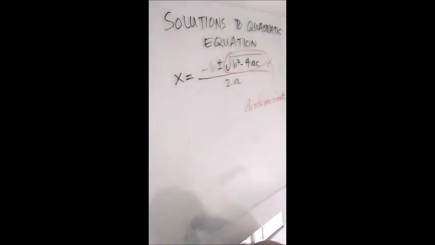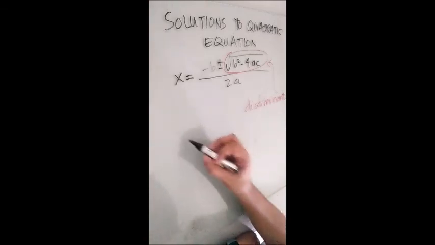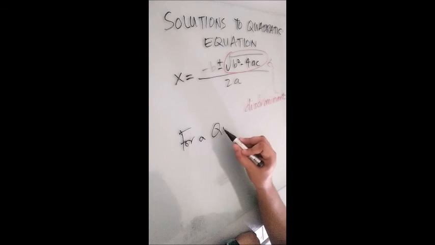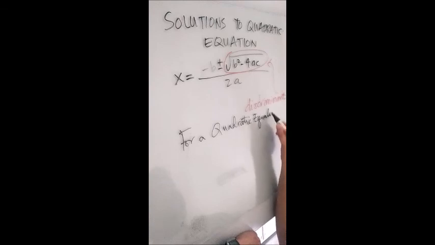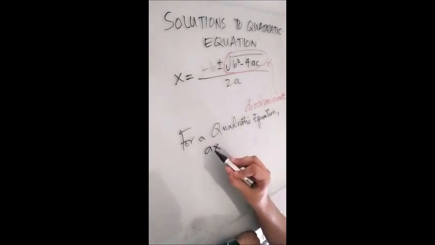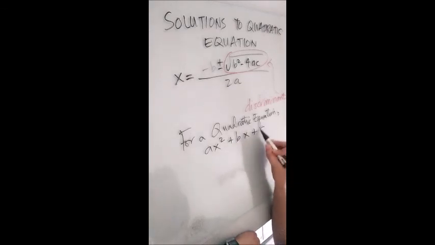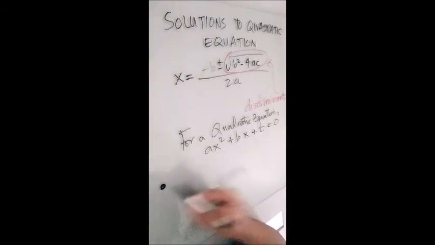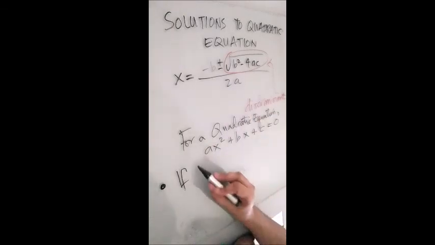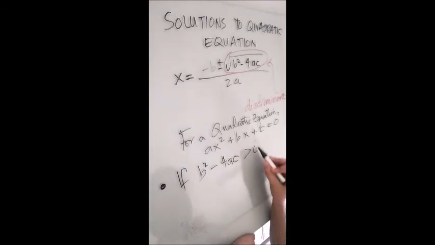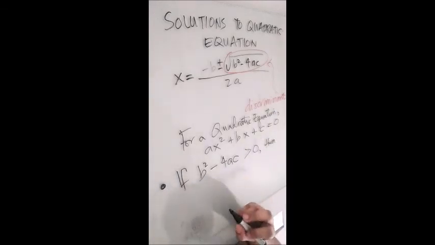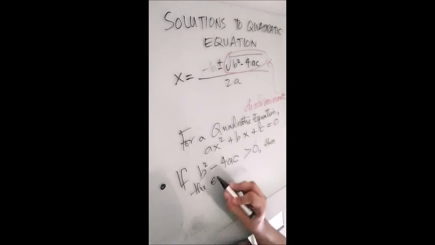So for a quadratic equation ax squared plus bx plus c is equal to 0, if this number b squared minus 4ac is greater than 0, then the equation has two solutions.